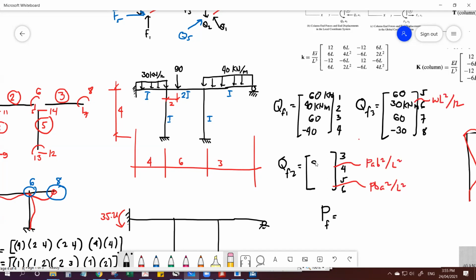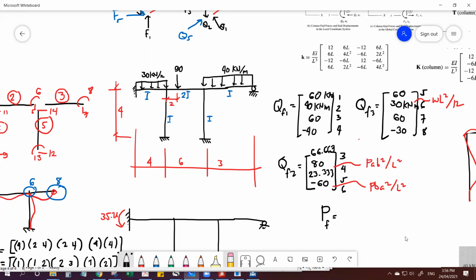This should be 80 and this is negative 60 for the moment. For the reaction, it's 66.667. Please check if there's an error. Then this one is 23.33. Makes sense because the 90 is nearer to the left fixed end.